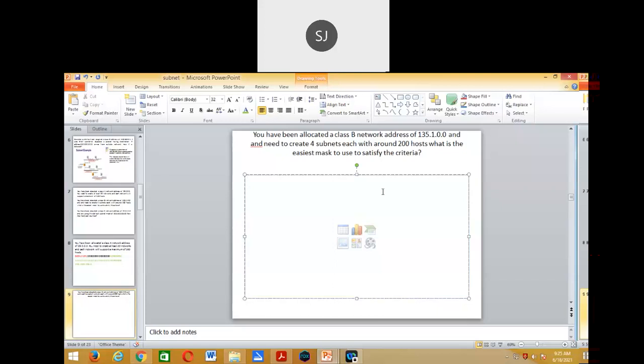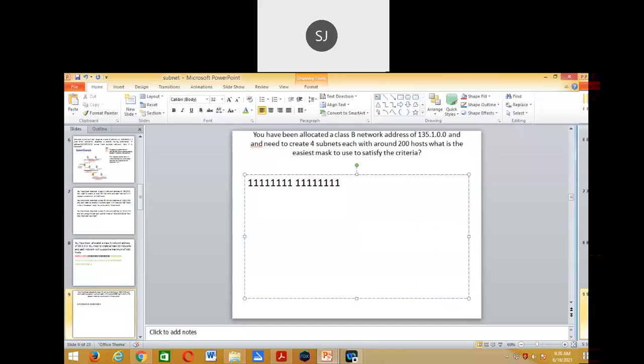See, the network ID part should be 1111 1111, then the second one 1111 1111. These 16 bits are used for network ID. Now the remaining 16 bits are used for host ID.